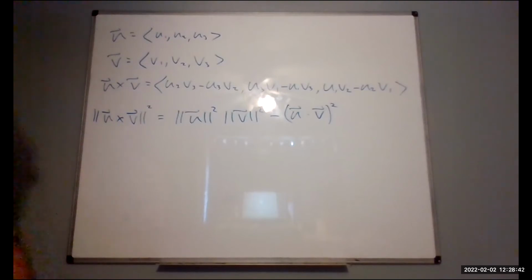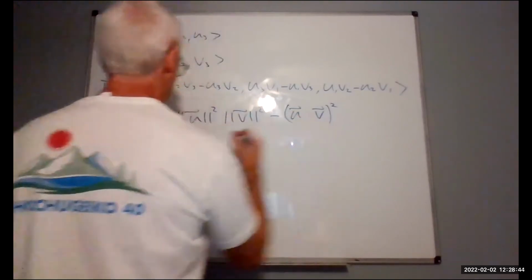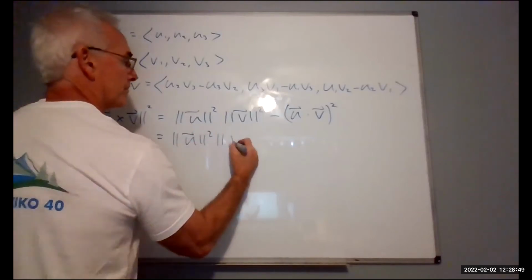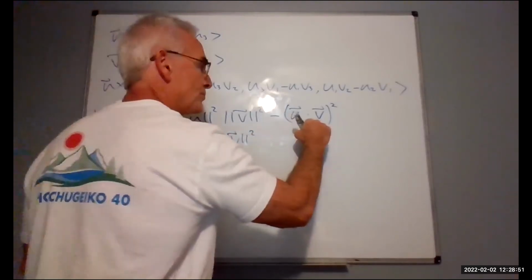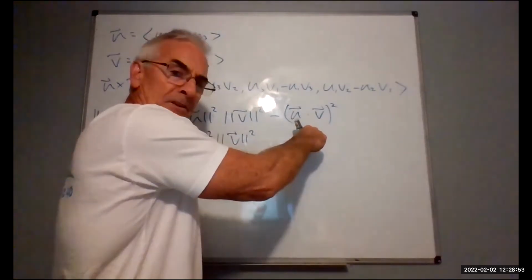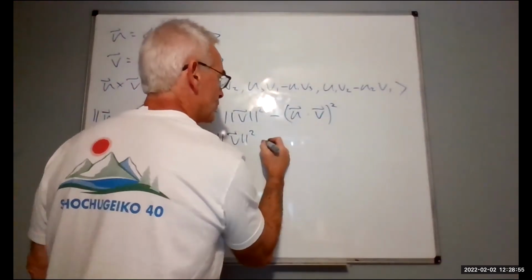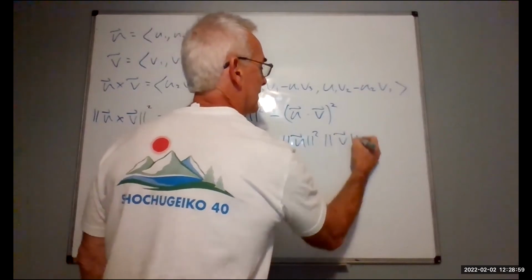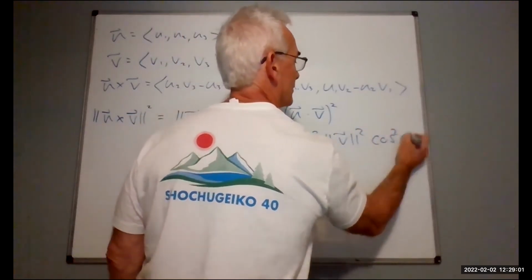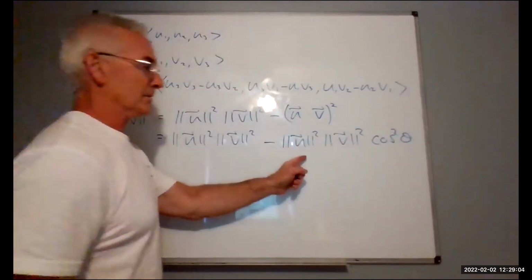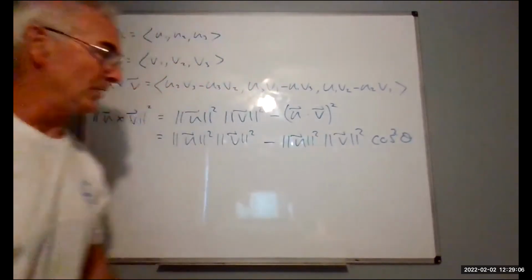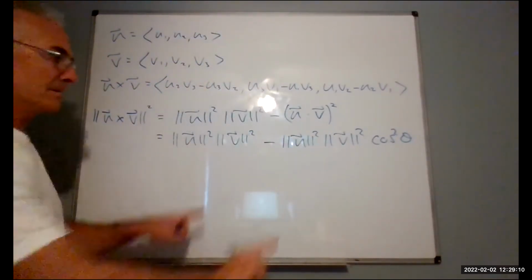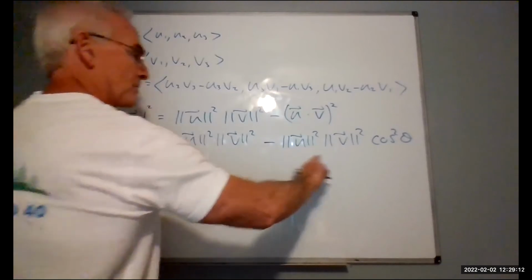But what's this? Isn't u dot v equal to length u, length v, cos theta? So this would be minus length u squared, length v squared, cos squared theta, because I'm squaring length u, length v, cos theta. Well, now I just made this even more complicated. Or did I? Can I factor this out?